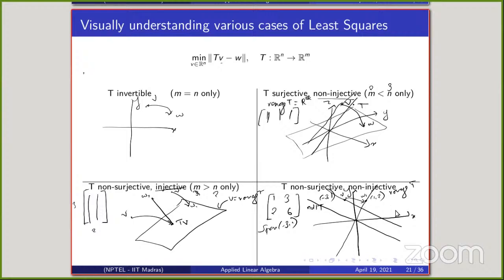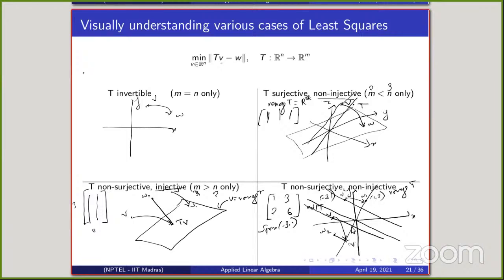If W is not on the line, for example, W is over here, then you're going to have to find the projection onto this line, and in turn you're going to have to find the V that maps to this value of TV, and that is not going to be unique.